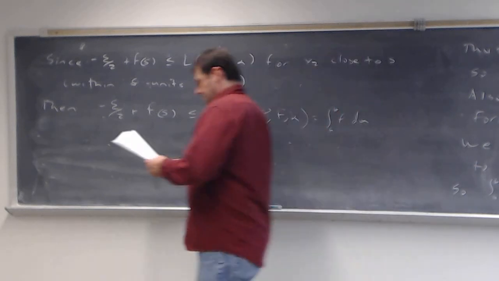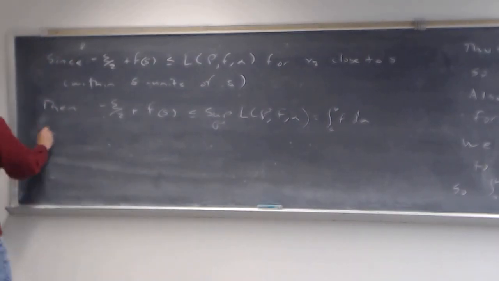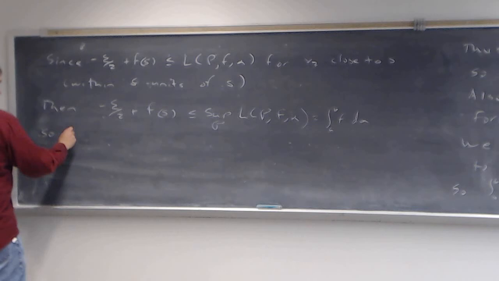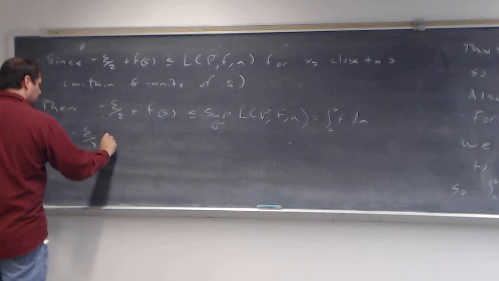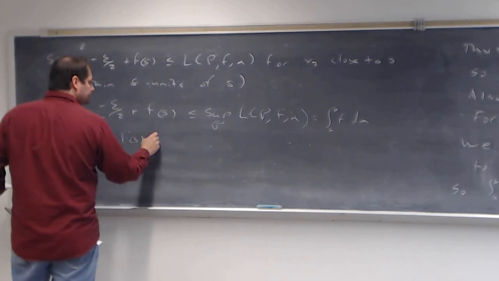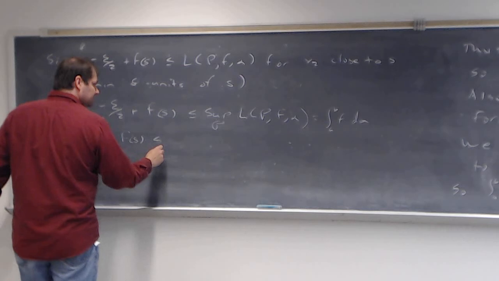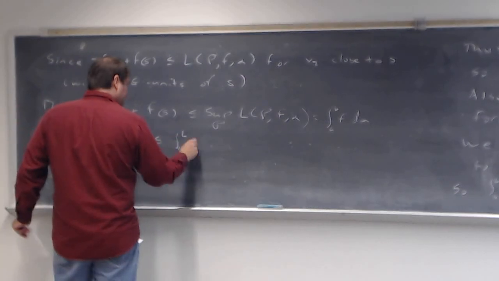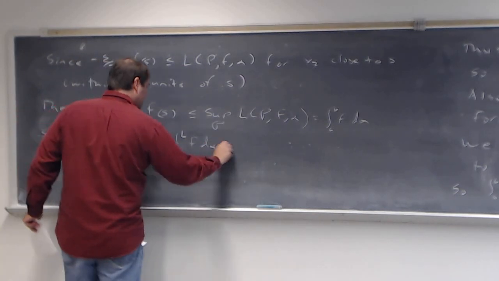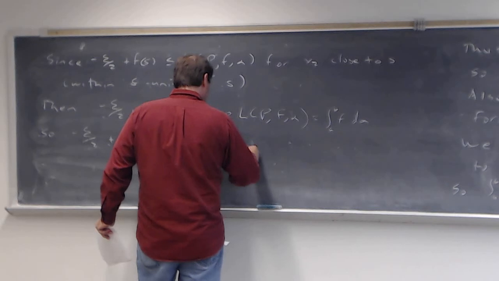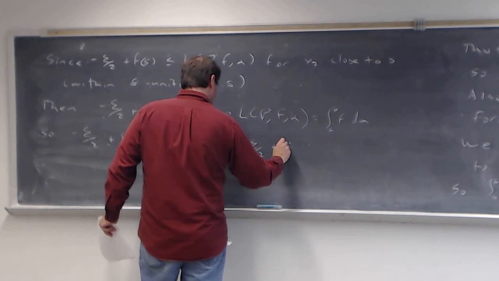And so, combining these two statements, we have minus epsilon over 2 plus f of s is less than or equal to the integral from a to b of f d alpha, which will be less than or equal to epsilon over 2 plus f of s.